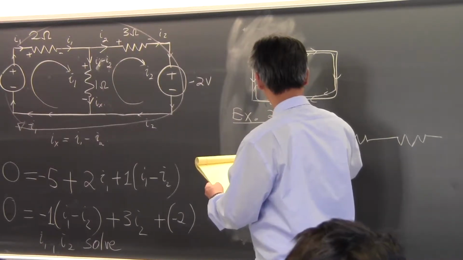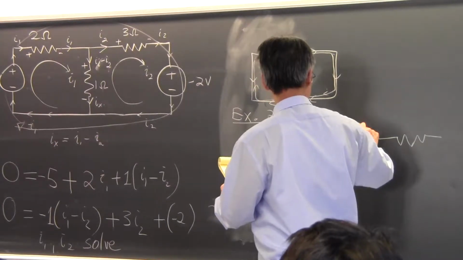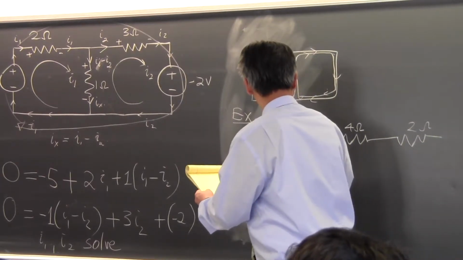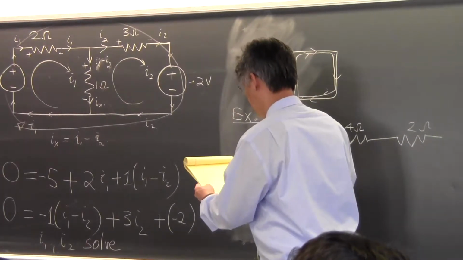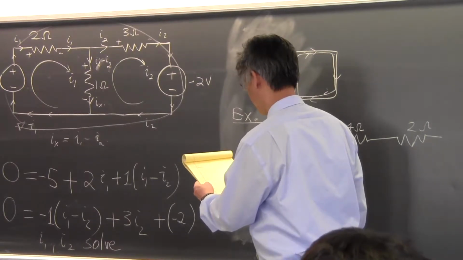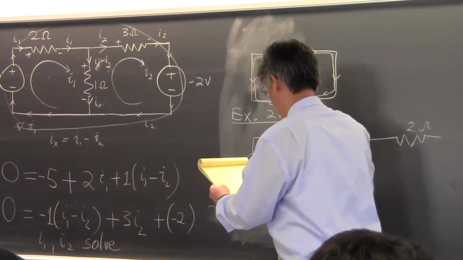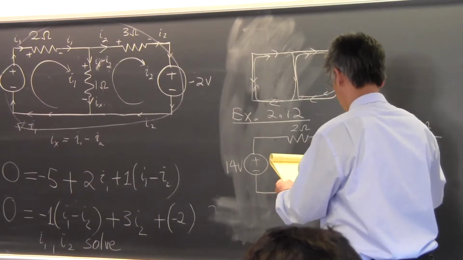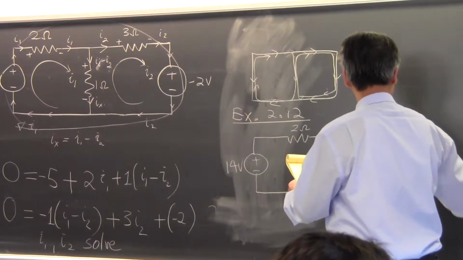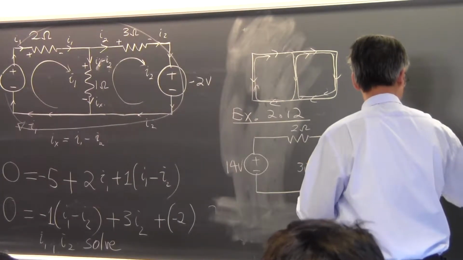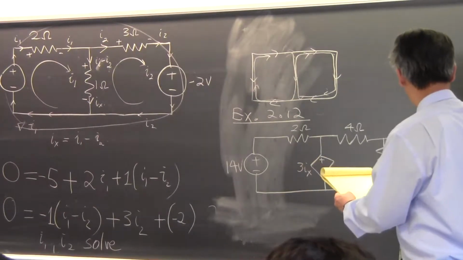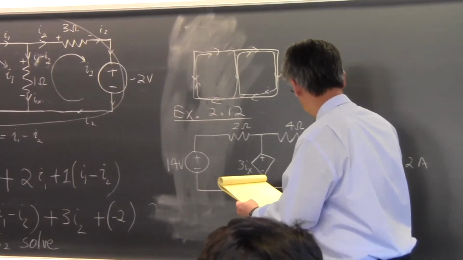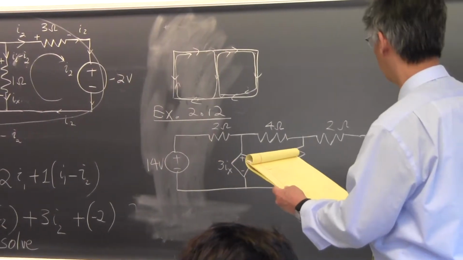Okay, 2 ohms, 4 ohms, and 2 ohms here. And this control voltage source is 3Ix. And then I have them connected in this manner. And then I have a current source over here, 2 amp. Okay, and this value is called Ix, according to what I have in my lecture notes here.